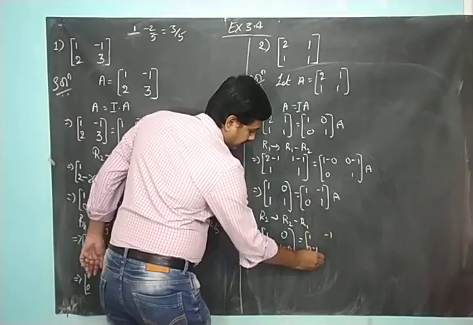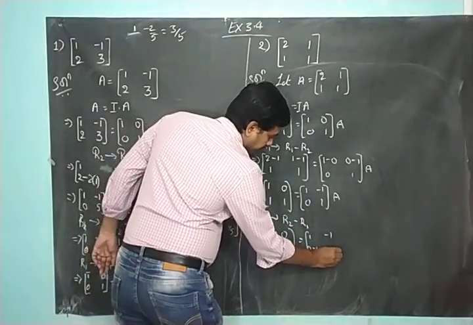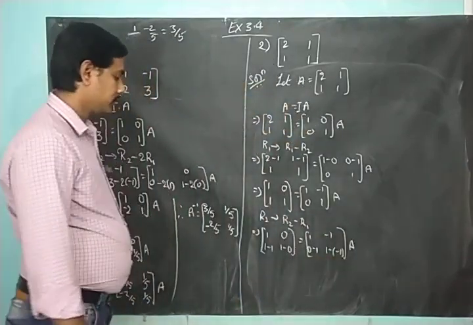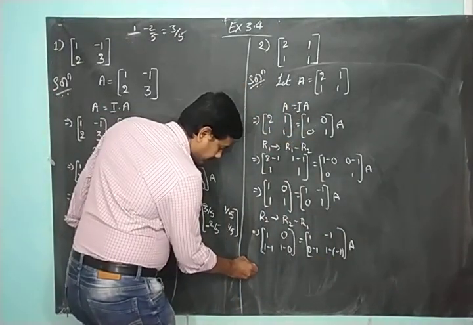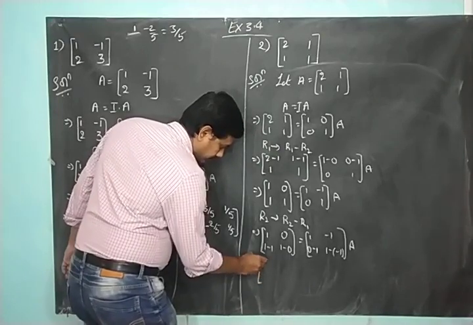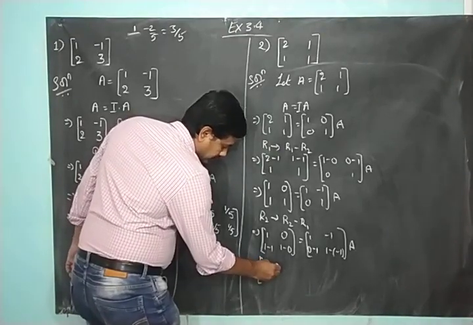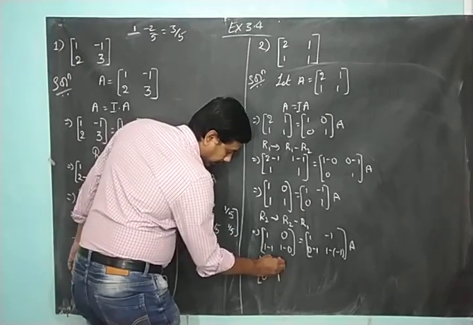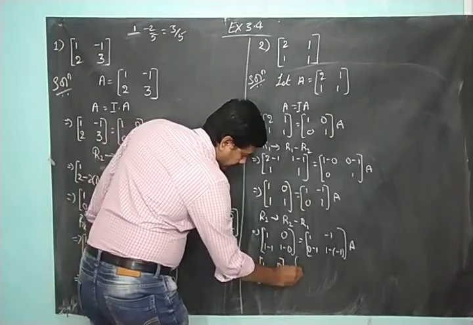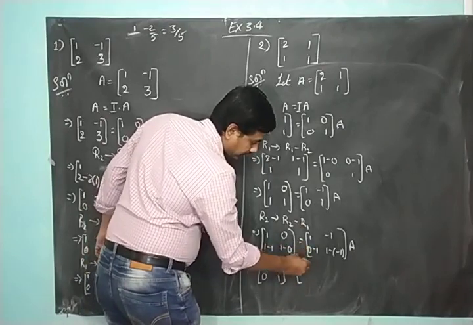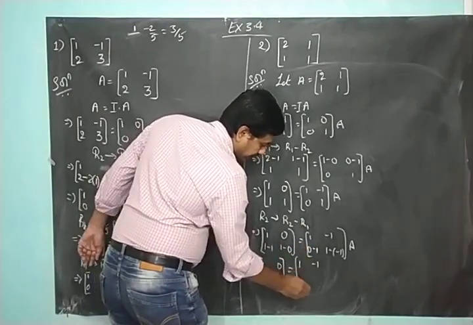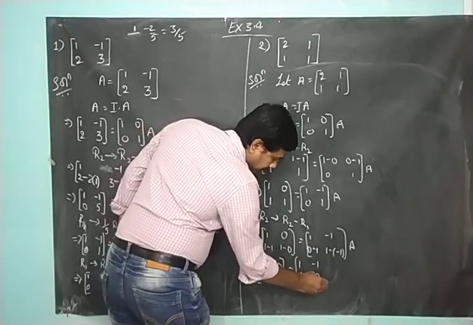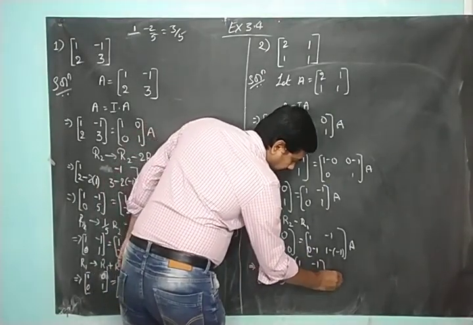Then 0 minus 1, and 1 minus of minus 1. This becomes 0, this is 1. Okay, 1, minus 1, minus 1, then 2 times of A.